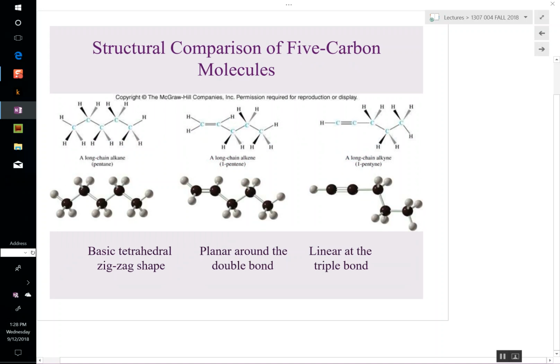Okay, now let's look at pentane. It's zigzagged and that's saturated. Pentene has some parts of the molecule that are saturated, but it does have a double bond, so it is an alkene. We don't look at how much is saturated and how much is unsaturated.